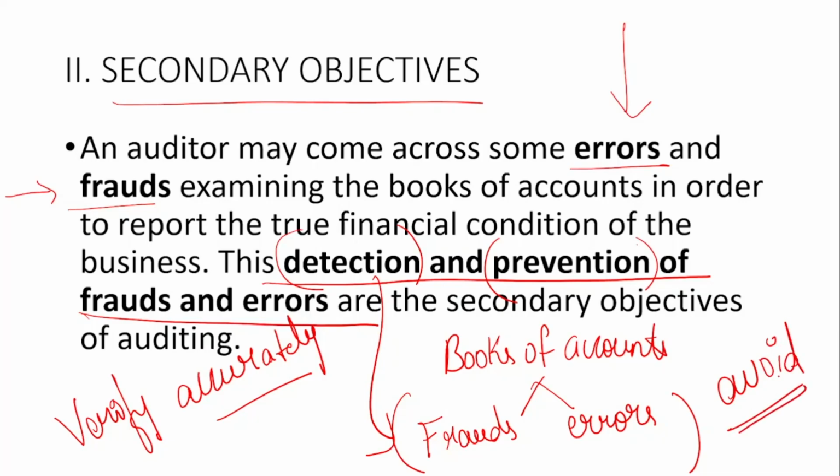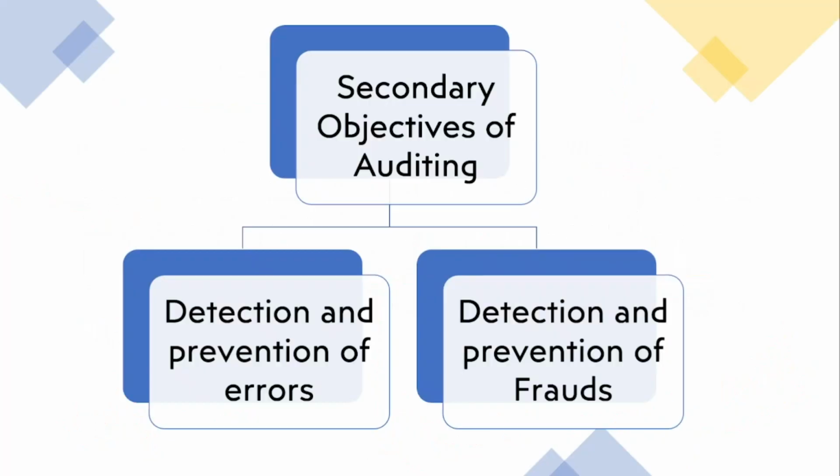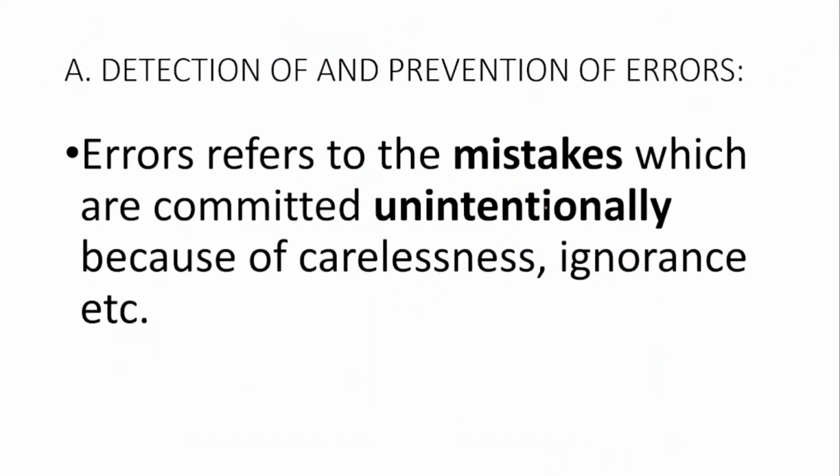So he will provide certain guidelines to the organization to prevent these frauds and errors. This is a secondary objective. Now, the secondary objectives of auditing are again classified into two types. First one is detection and prevention of errors, and second one is detection and prevention of frauds.